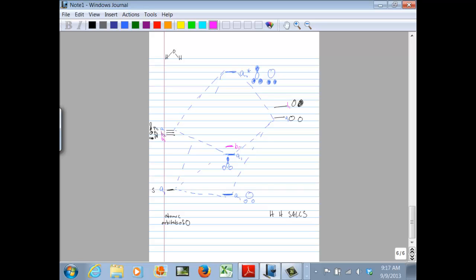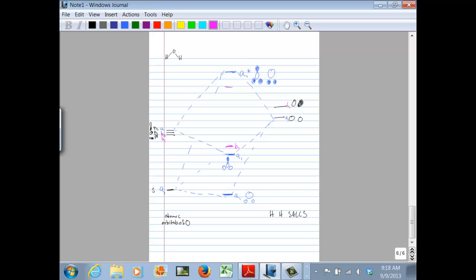And then where should I put my B1 star? Should I put it above A1 or below A1? That's a good guess. I would say put it below. But you don't know. You really don't know.